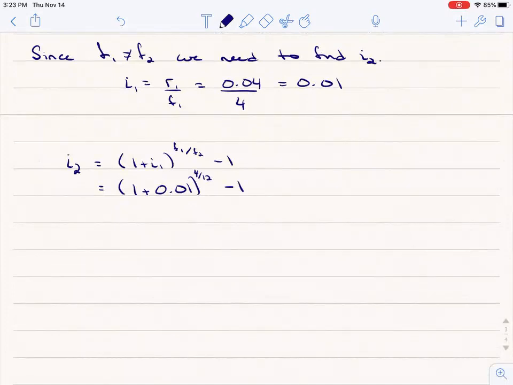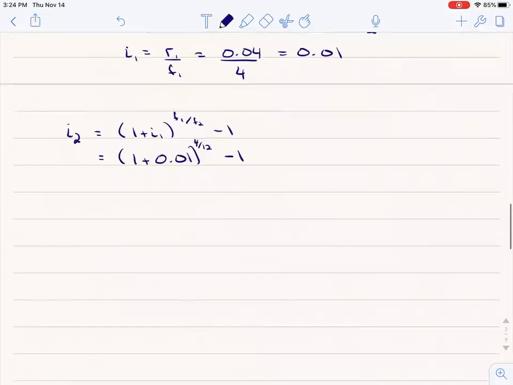Dealing with the brackets first, we've got 1 plus 0.01 to the power of 4 over 12, which I'm going to put in brackets, and then minus 1 is 0.00033222284.